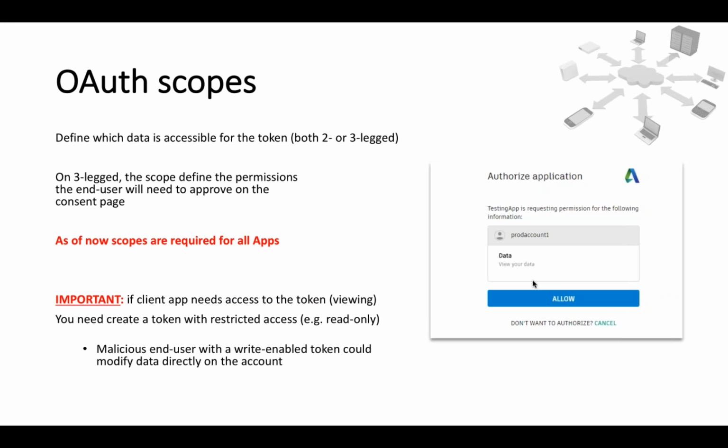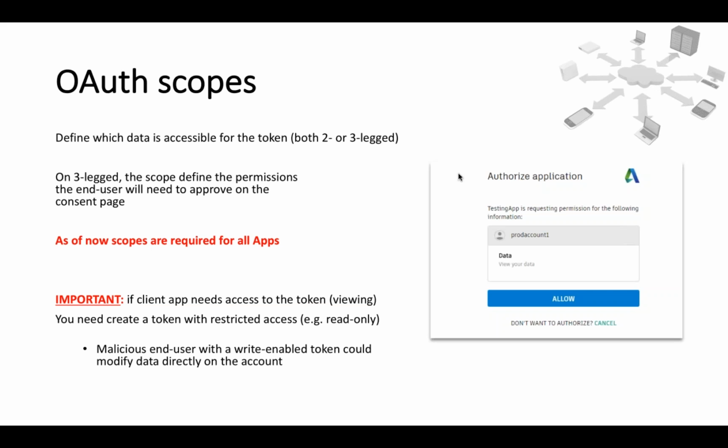Also, an important security consideration is to provide only viewing read access to the viewing application. So basically, the client application which is using the viewer needs to have read access to the data.